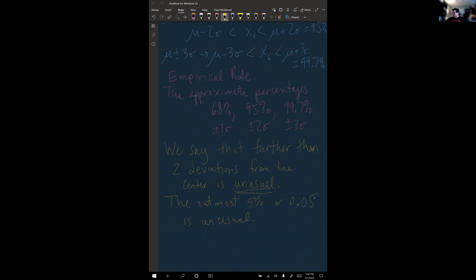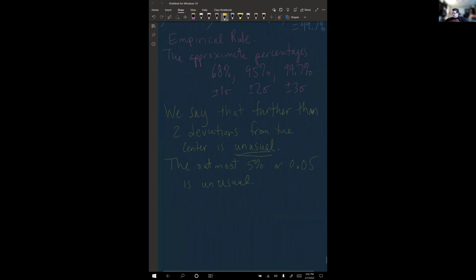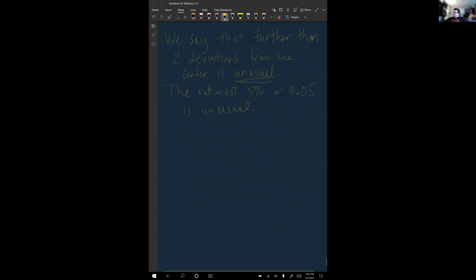How Chebyshev works. Let me pause and give you a second. So we said for a bell curve, 2 deviations was 95%. Let's look at Chebyshev's version.